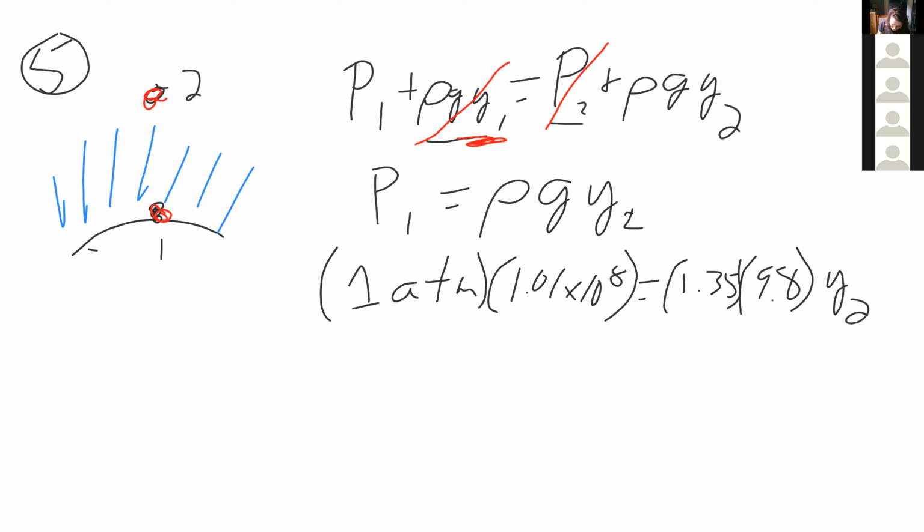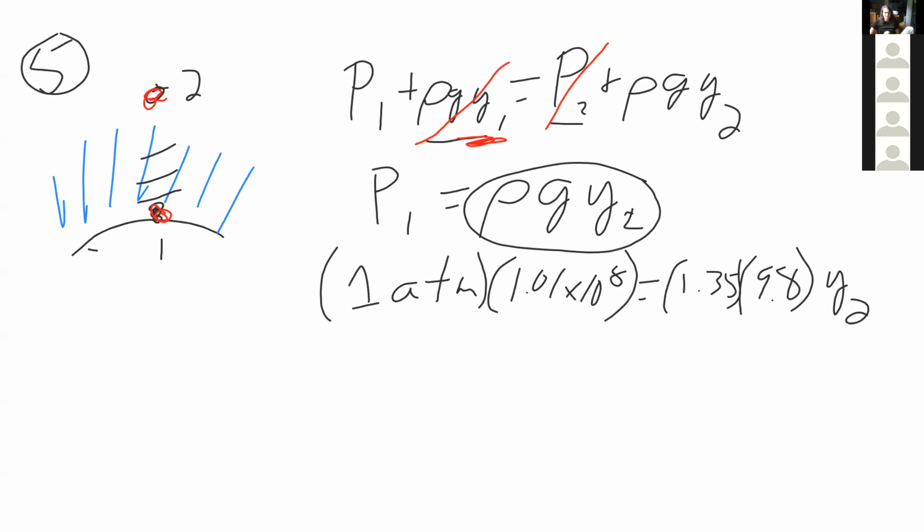So, as I mentioned, the density of the air actually changes as you go up to a higher elevation, and so our calculation is going to be impacted a little bit. Instead of simply calculating rho g y2, we need to consider the density at each height as we go up.